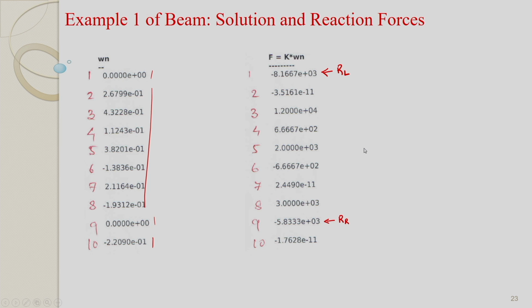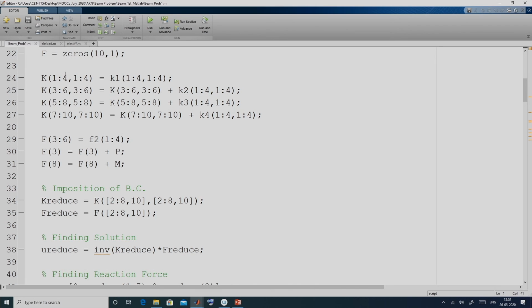Now, let us see these steps in Matlab. After getting global K and global F, at this step the reduced stiffness matrix is obtained. You can see I have taken from the second row to the 8th row and the 10th row. So, we have eliminated the first row and 9th row, similarly the first column and 9th column. That is our reduced K and our reduced F. So, at this step we impose the boundary conditions.